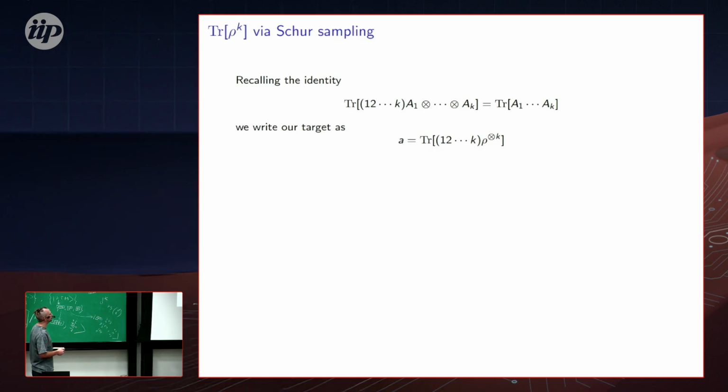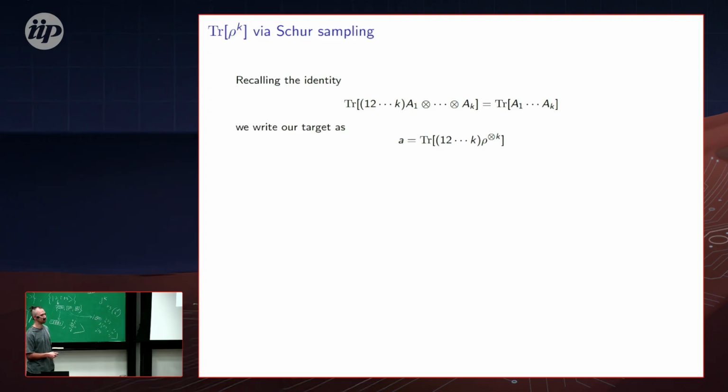Okay, recall the identity. So maybe this is the representation of a permutation that's just a k cycle. And then I have the tensor product of k operators. This equals the trace of the product of the operators. Have you seen this identity? You know that the trace of swap times A tensor B is the trace of A times B, right?